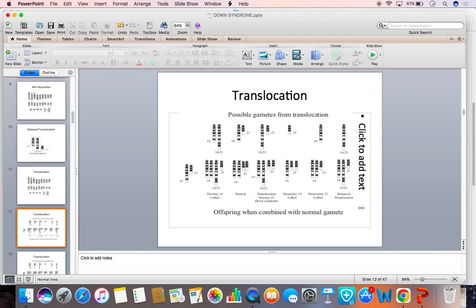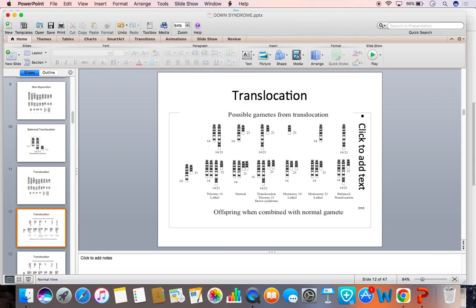Now the total chromosomal number is 46 with an abnormal 14 with 21 chromosome. So that is why there is additional genetic material of chromosome 21 in this particular individual, though the total number of chromosomes is 46 only.